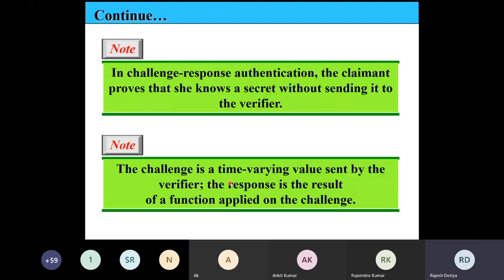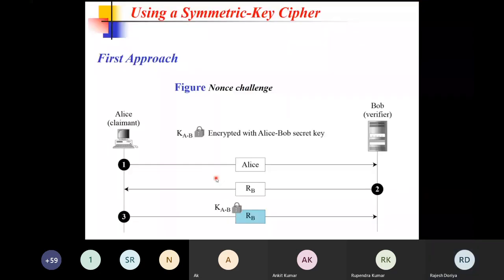So this is the first approach, and it is called a nonce challenge. Again we assume two parties, Alice and Bob. Here Alice is the claimant and Bob is the verifier in this communication.